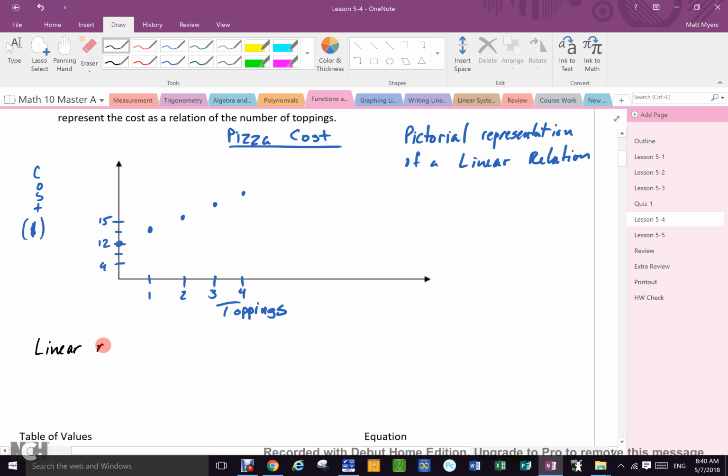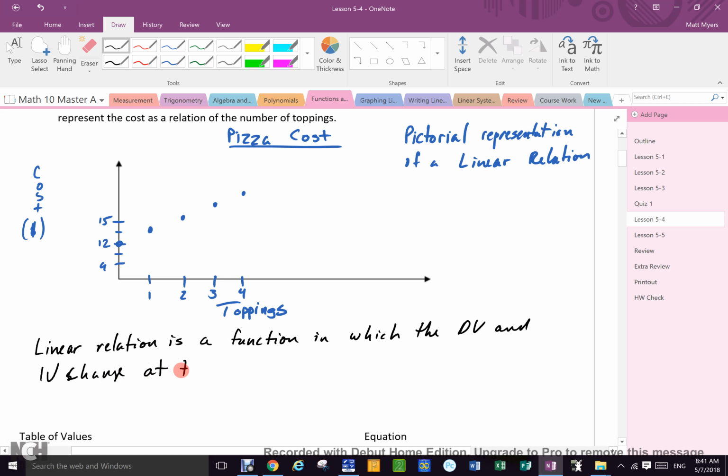A linear relation is a function in which the DV and IV change at the same rate for the entire domain and range.